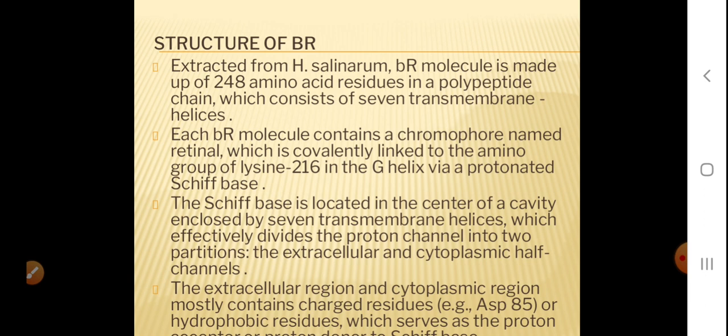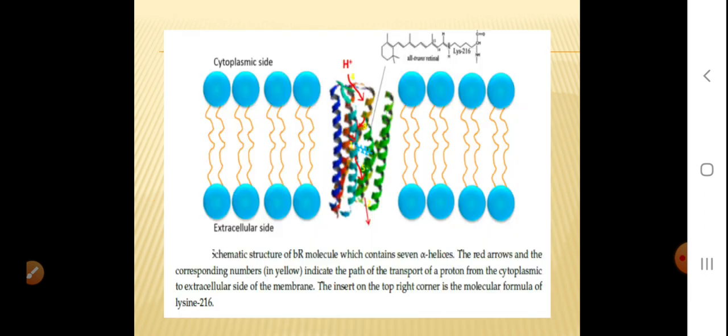Now in the next slide we will see the detailed structure of the bacteriorhodopsin. So this is the schematic representation which shows the structure of the Br molecule within the purple membrane. Fine.